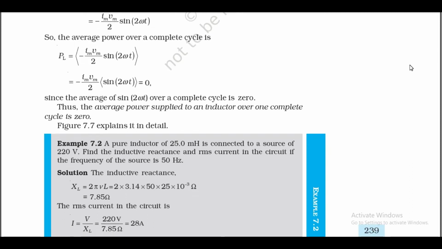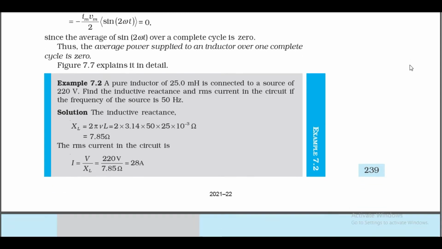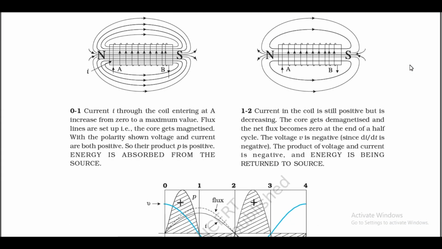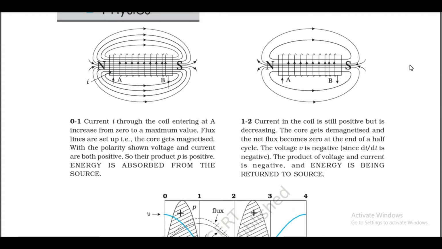Figure 7.7 explains it in detail. 0 to 1. Current i through the coil entering at A increases from 0 to a maximum value. Flux lines are set up, that is, the core gets magnetized. With the polarity shown, voltage and current are both positive, so their product P is positive. Energy is absorbed from the source. 1 to 2.